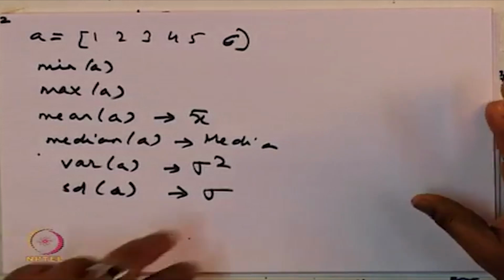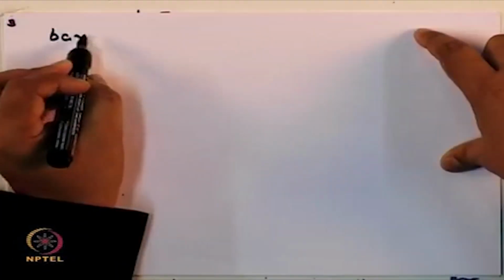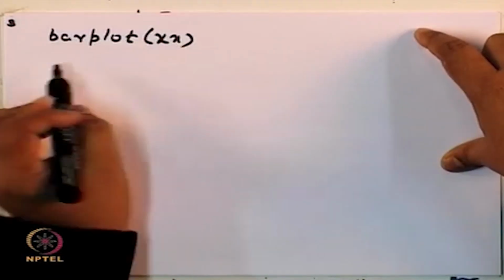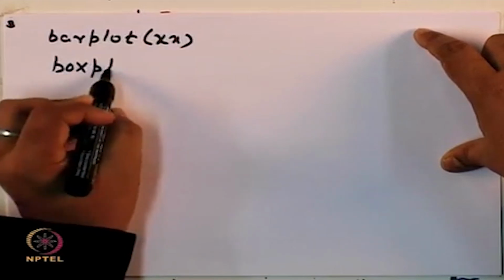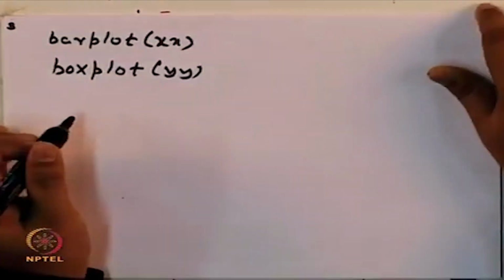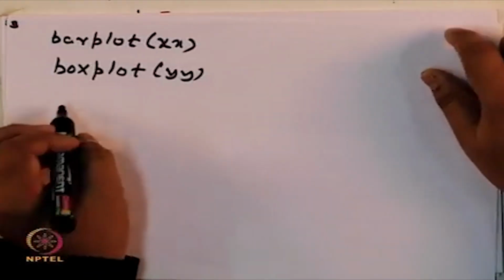Then we briefly discussed plotting. Once you have a vector you can use, let us say, a bar plot of xx or box plot of xx, yy, and you will generate all these plots with the plotting function.